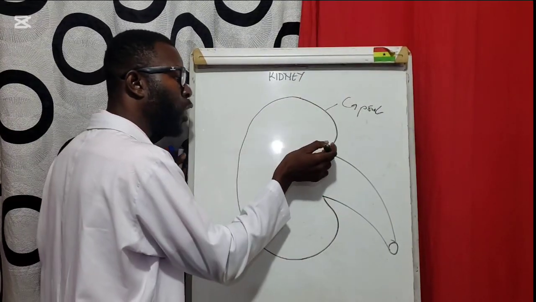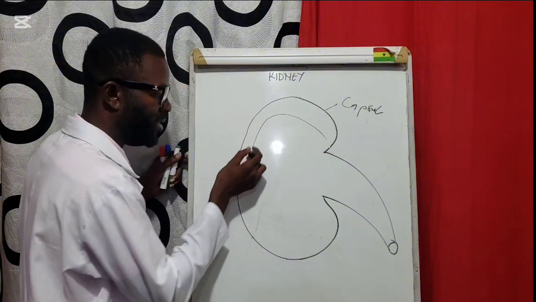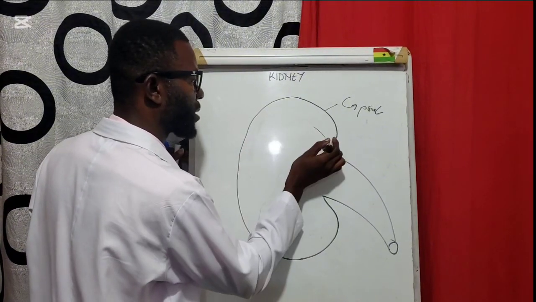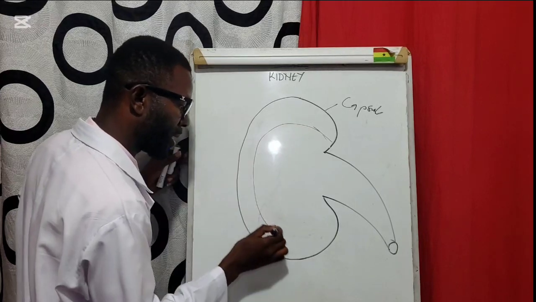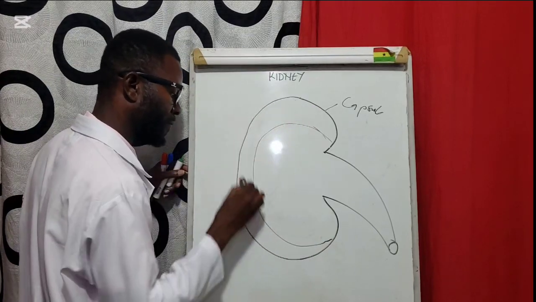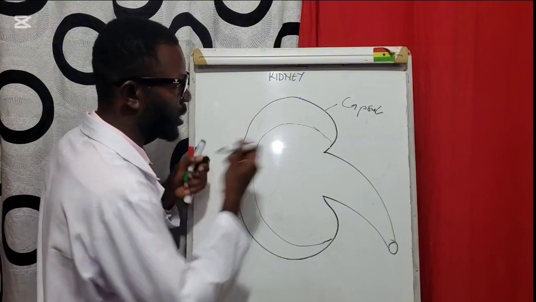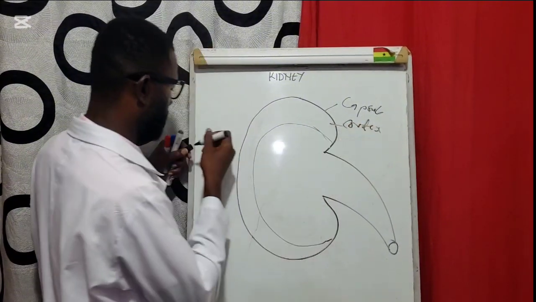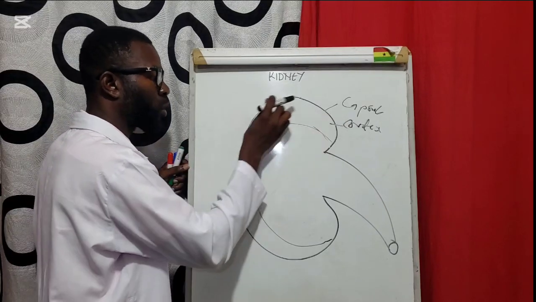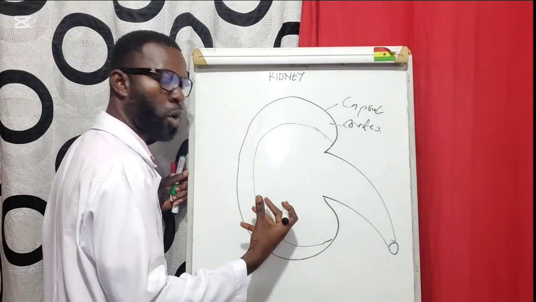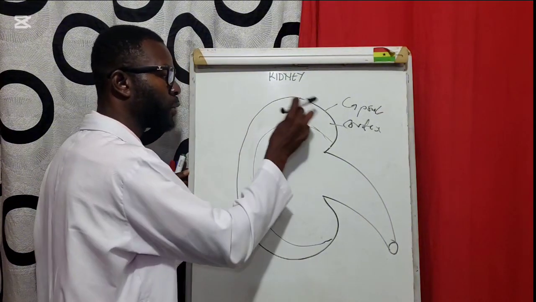Now, we also have something we call the cortex. Let me draw it well. This is your cortex. This area is called the renal cortex. What it does is that it helps in filtration.